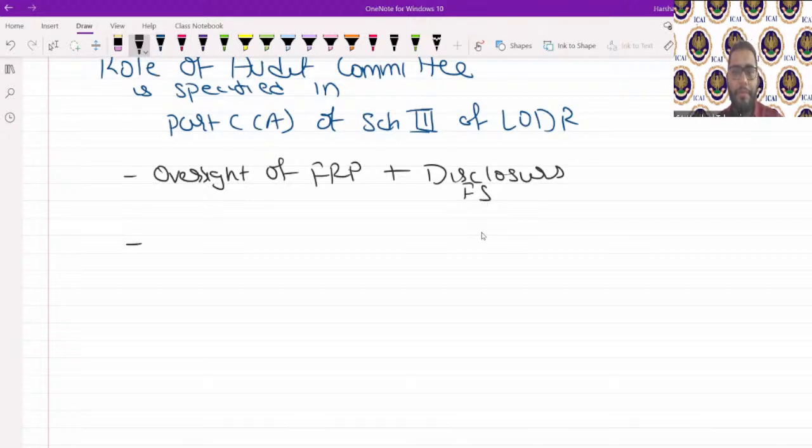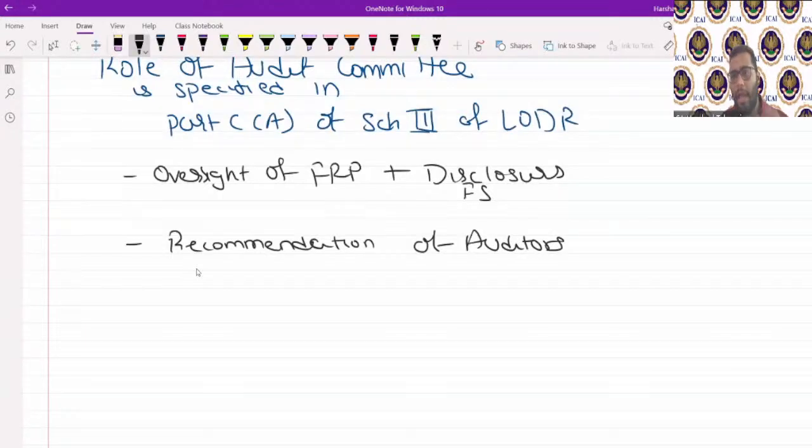Second, recommendation of auditors. Remember, in Companies Act, we saw that the board of directors are required to take recommendation from audit committee regarding the appointment of auditor, recommending them for remuneration, and terms of appointment.